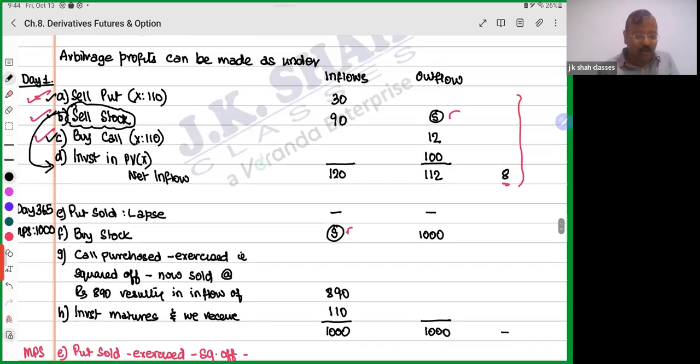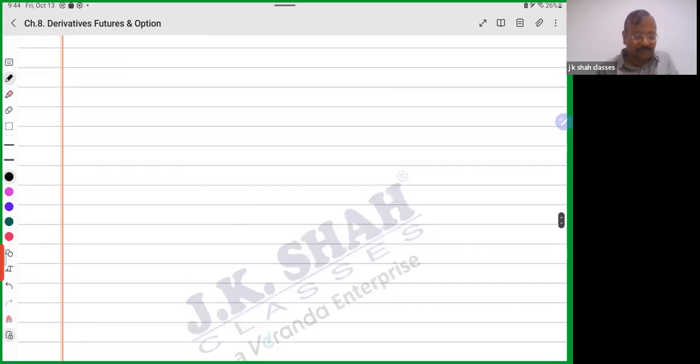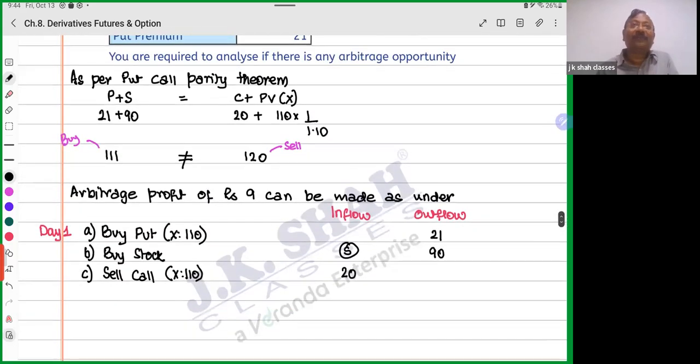In this case, what are you doing to the stock? Where are you going to get the money from? Borrow. Which means whether you're going to invest or borrow depends on what you do to the stock.